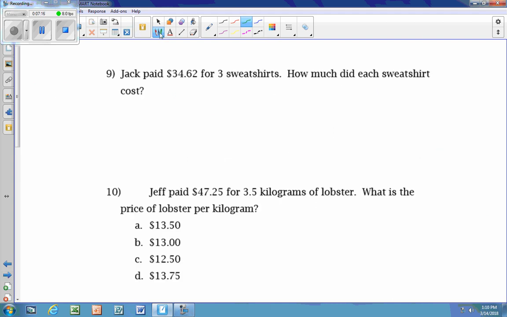Next question. Jack paid $34.62 for 3 sweatshirts, but we want to know how much each one cost, so we want to separate it. So we're going to do 3 into $34.62.